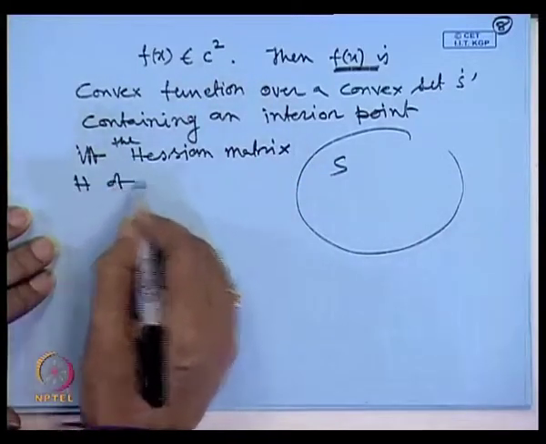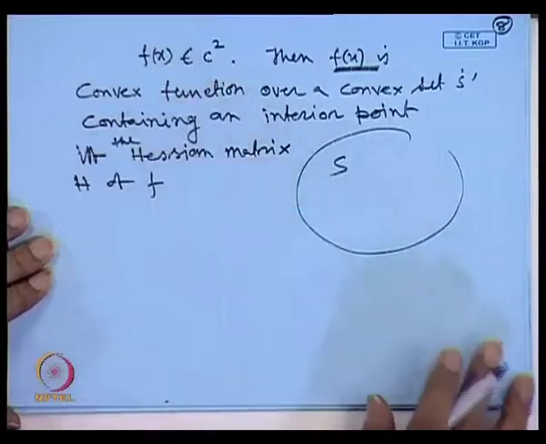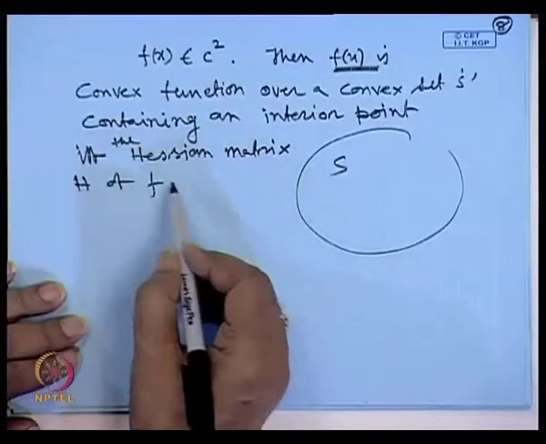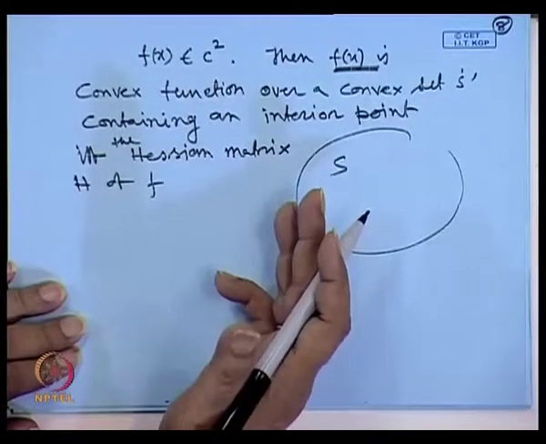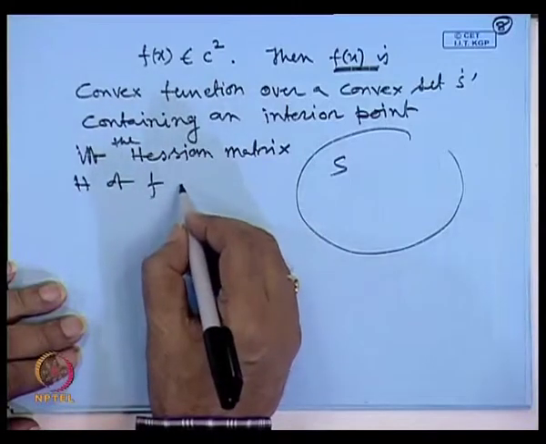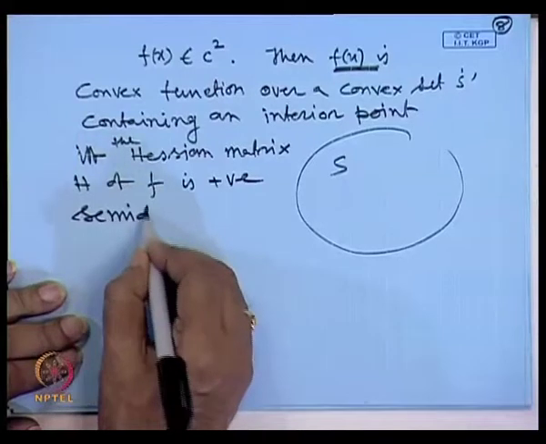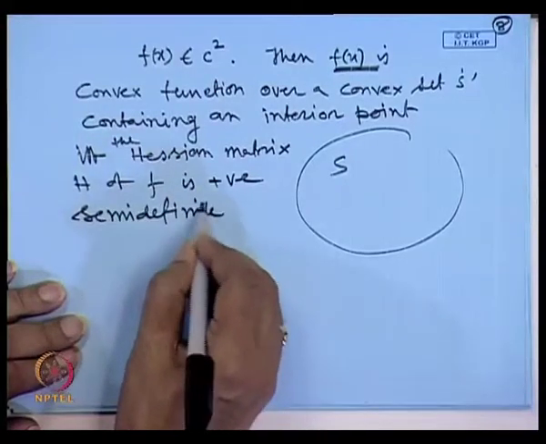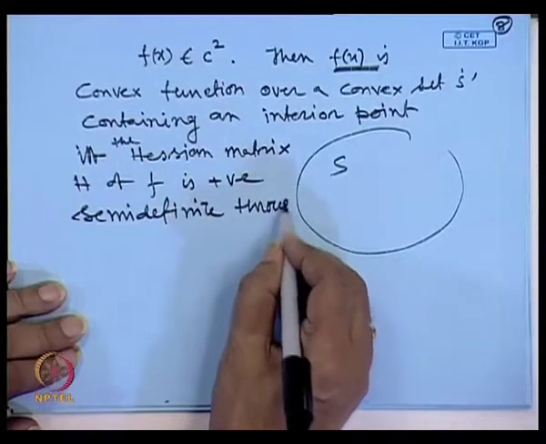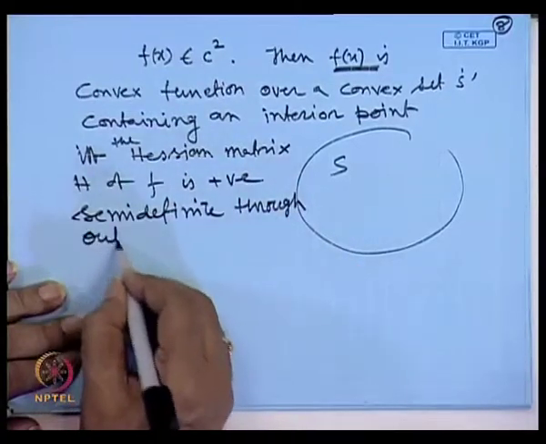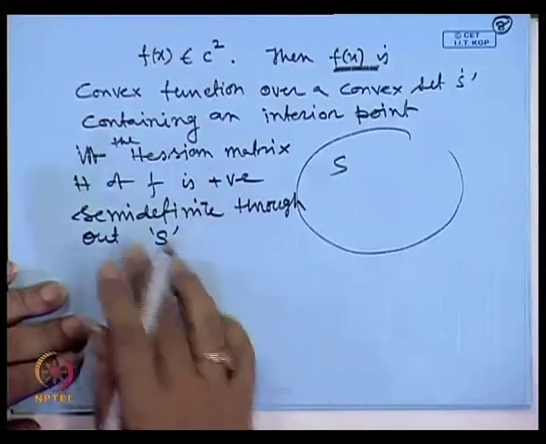H of f, which we know from our earlier lecture how to find, that means the second partial differentiation of f with respect to x, is positive semi definite throughout the set S, meaning the convex set.